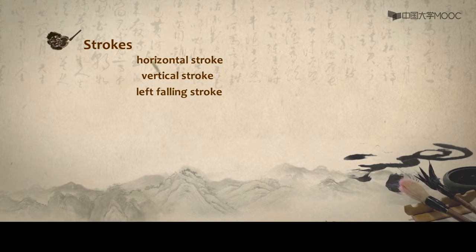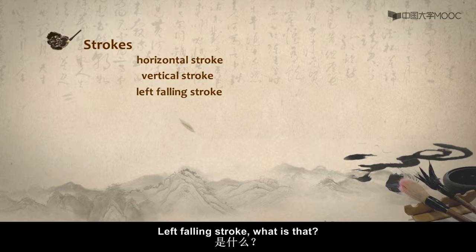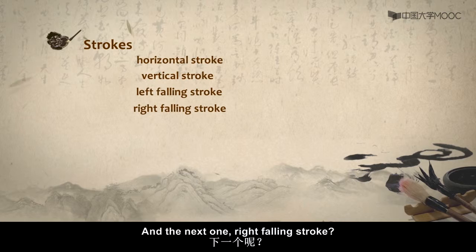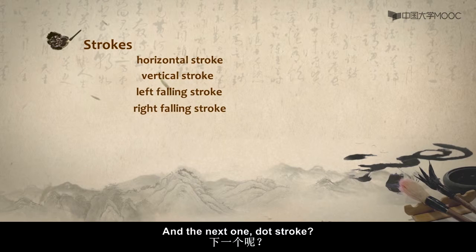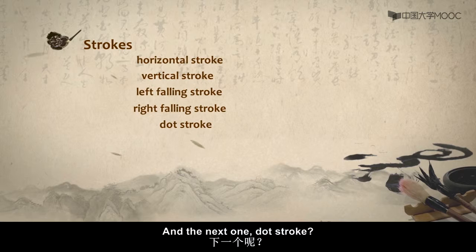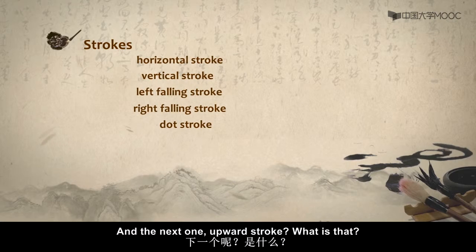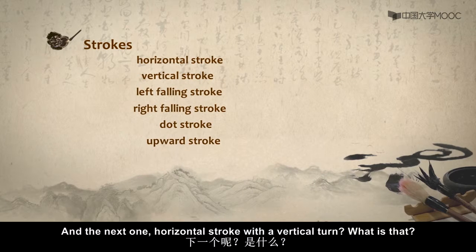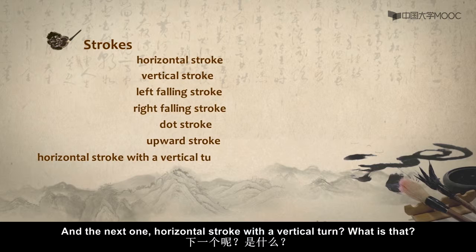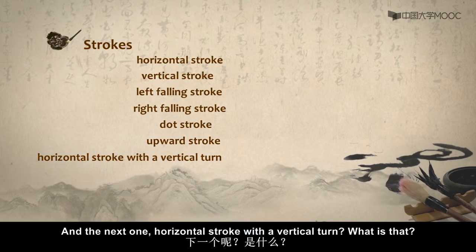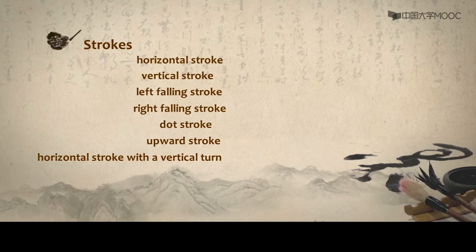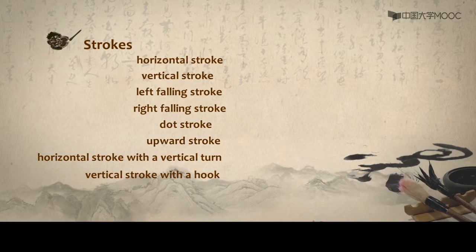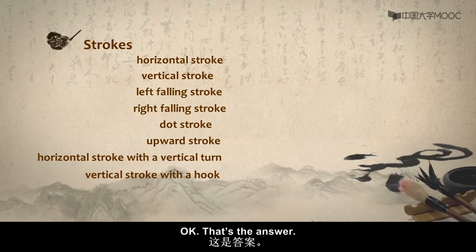And the third one, left falling stroke. What is that? And the next one, right falling stroke. And the next one, dot stroke. And the next one, upward stroke. What is that? And the next one, horizontal stroke with a vertical turn. What is that? And the vertical stroke with a hook. You know, hook? Okay, that's the answer.